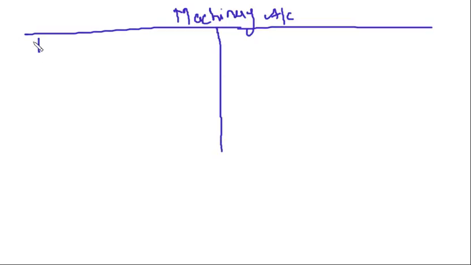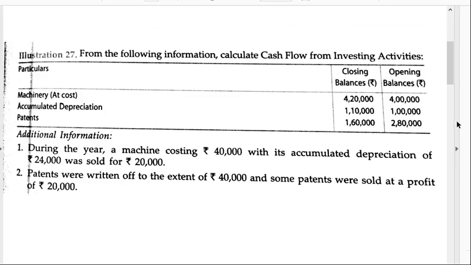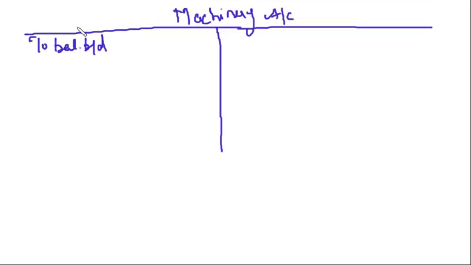We'll have the balance brought down of machinery. What is the balance brought down? The opening balance of machinery is 4 lakh and the closing balance is 4 lakh 20,000.